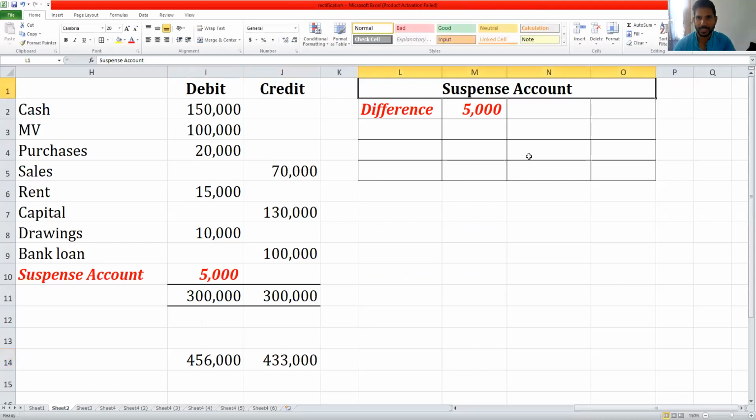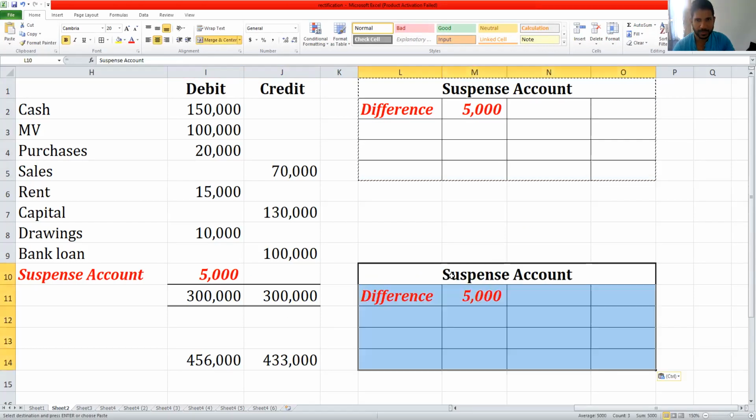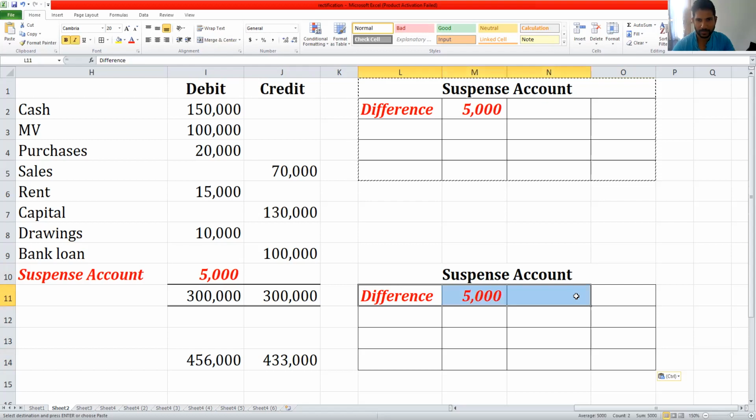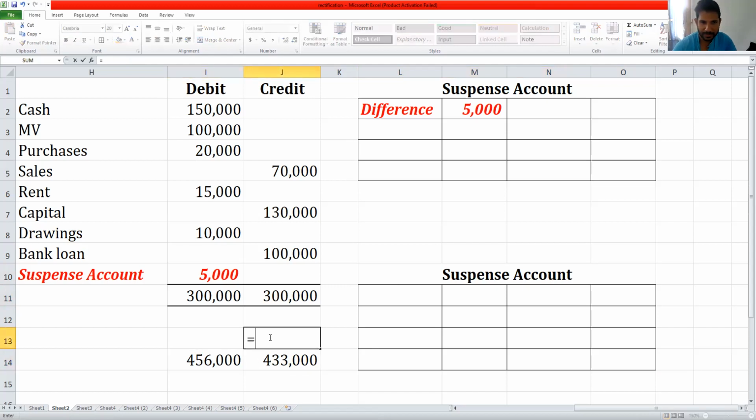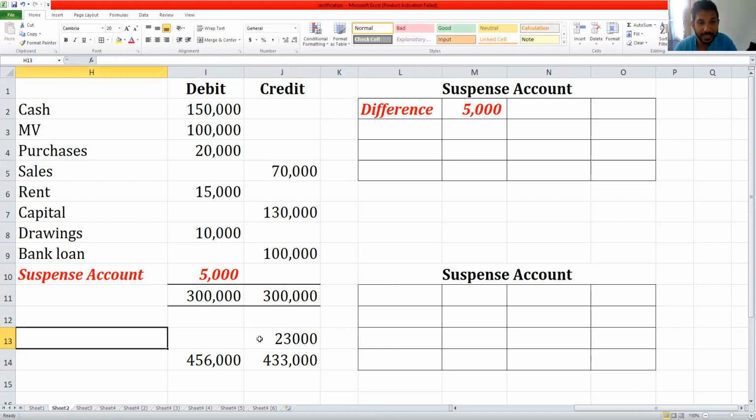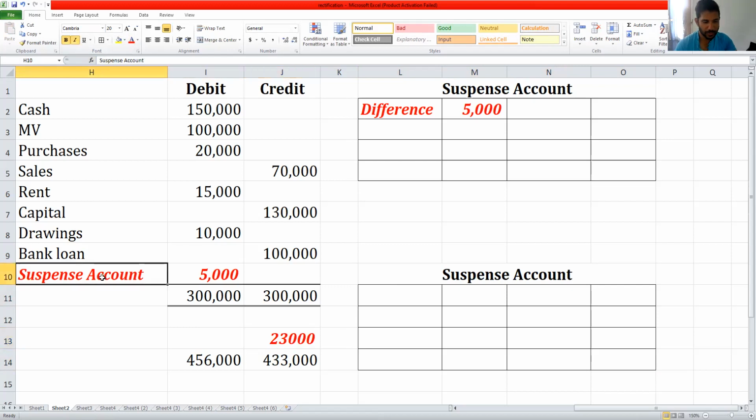Now let's see what happens to the suspense account this time. Suspense account. You can't leave it like this. Then get the difference. It is 456,000 minus 433,000. So it is 23,000. But this time we have it on the credit side. Suspense account difference is in the credit side.